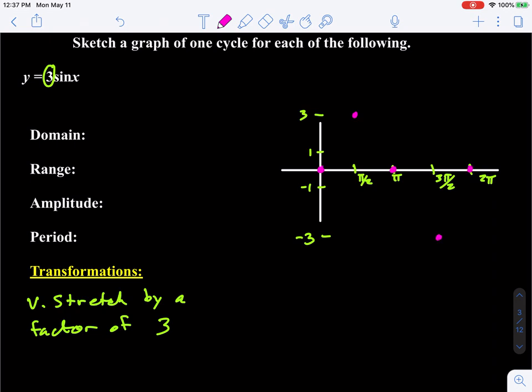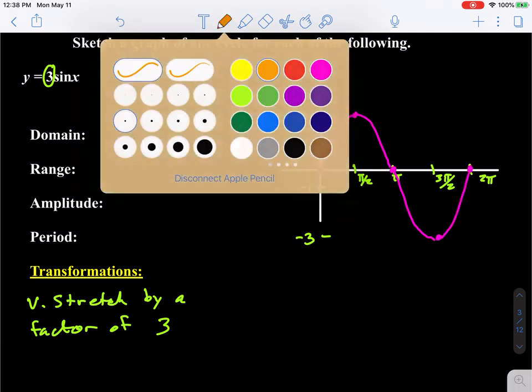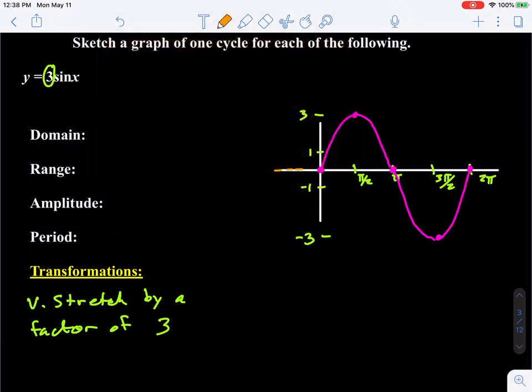And then we just sketch the curve going through those 5 points. Now, if you'll remember, the imaginary axis that goes right through the middle of this graph is called your central axis. That's going to be real important a little bit later on.